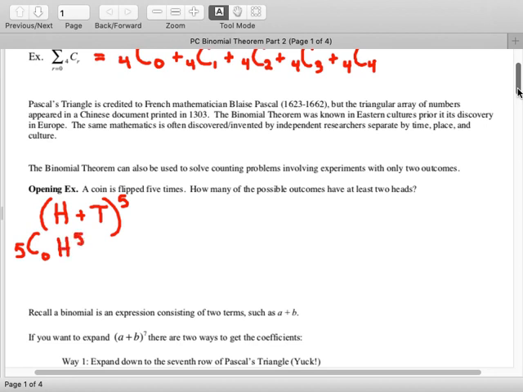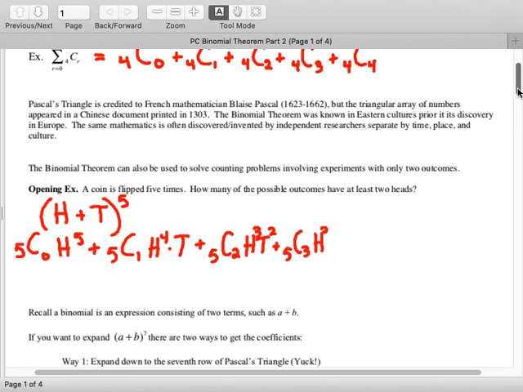This will be 5 choose 0 heads, which really means you have 5 heads. Then 5 choose 1, h to the 4th, t to the 1st. Then 5 choose 2, h cubed t squared. 5 choose 3, h squared t cubed. Plus 5 choose 4, h t to the 4th. Plus 5 choose 5, t to the 5th.